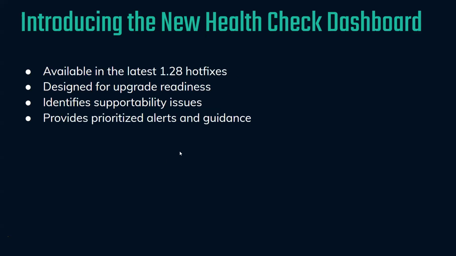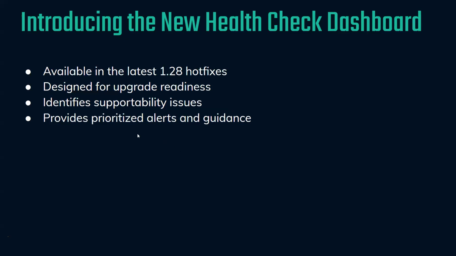All right, so now let's figure out how big a problem we have on your site with Bootstrap 3. The health check dashboard is going to help you identify that. As you saw moments ago, it's easy to install just by getting to version 1.28 and installing the cumulative hotfixes.